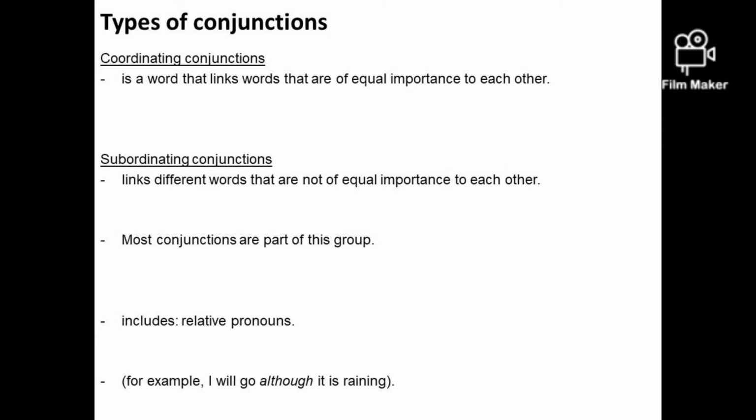Yes, so that is a coordinating conjunction. There are many examples of it: words like and, but, either, neither, or, nor, yet. So many examples of coordinating conjunctions.